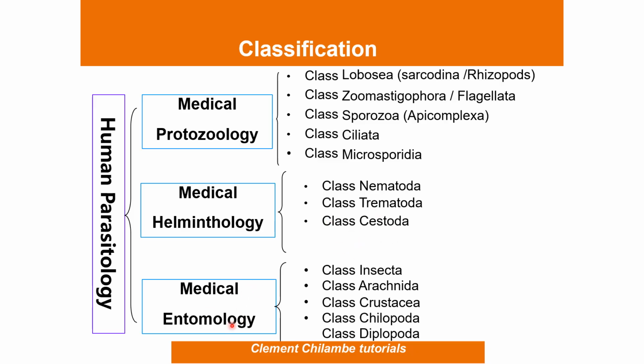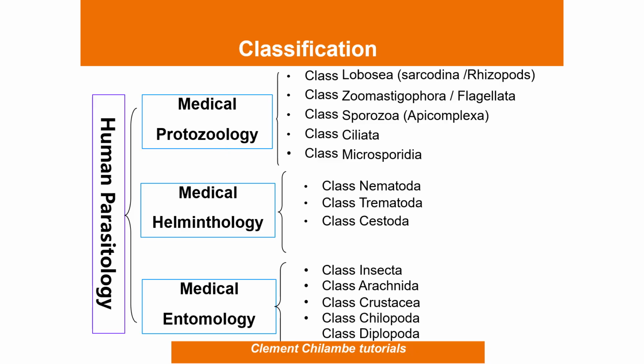Then under medical entomology, we have class Insecta, class Arachnida, class Crustacea, class Chilopoda, and class Diplopoda. These are the classes we have in human parasitology, and these are what we will focus on entirely as we discuss this series of parasitology lectures.